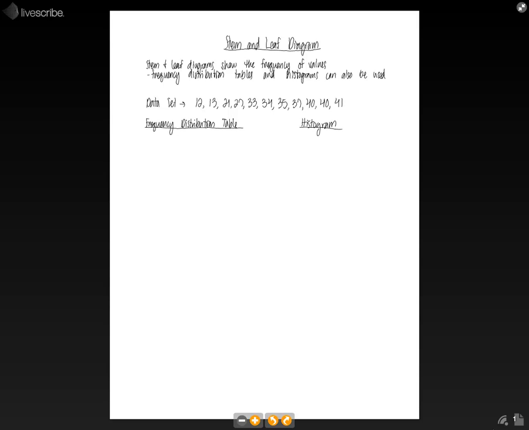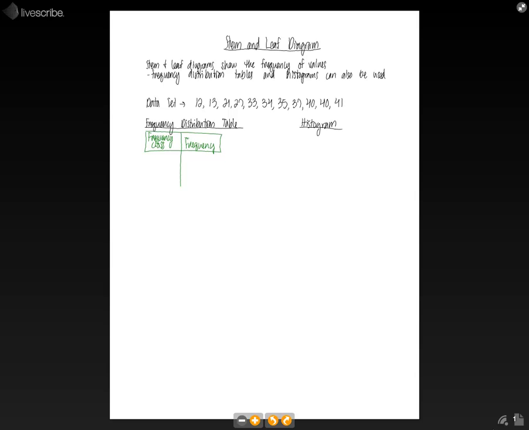And so a frequency distribution table will look like this. We will have our class, and then we're going to have our frequency. For this data set, we see our smallest number is 12 and our biggest is 41.